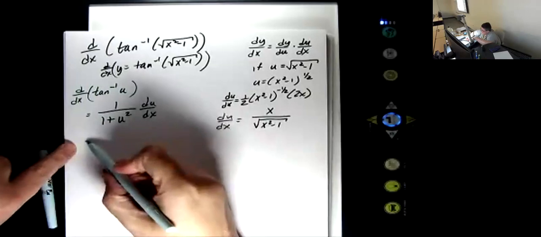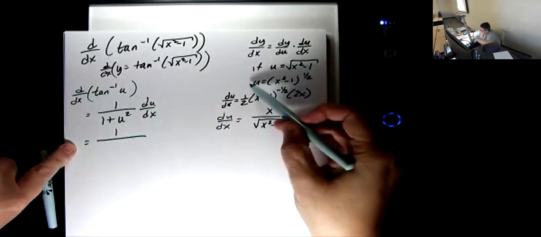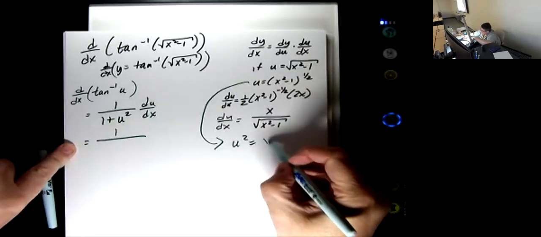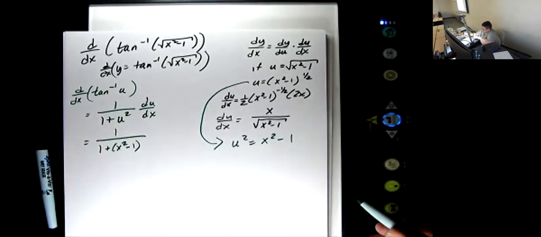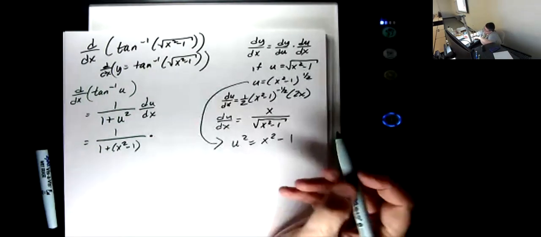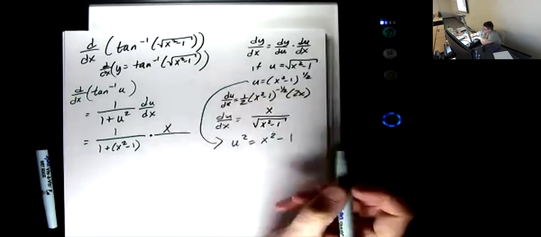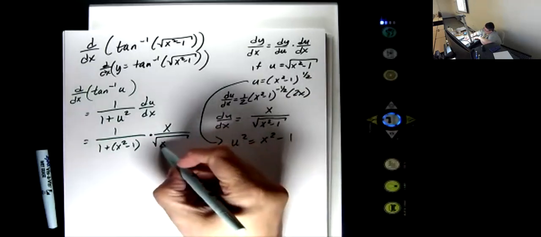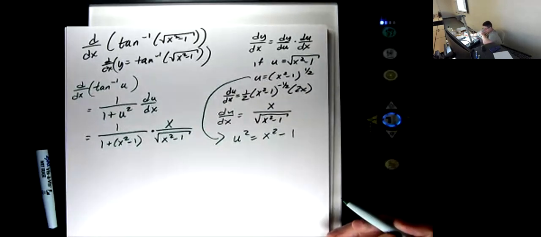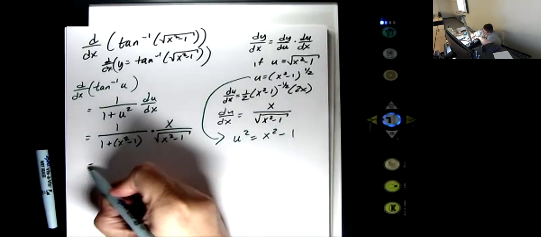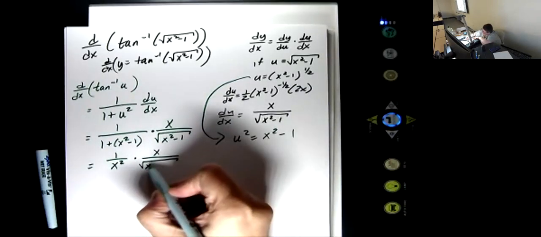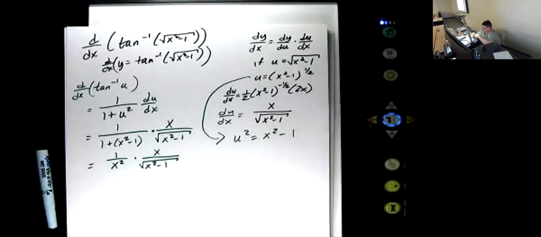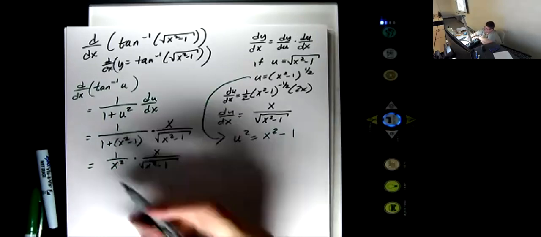So I'm going to start plugging stuff in. I've got u squared, so if I square u here, u squared is just x squared minus 1. So I've got 1 over 1 plus x squared minus 1, times x over, I missed the 2's canceled, yeah, so the square root of x squared minus 1. This actually cleans up a little bit more, because that's just 1 over x squared. Finally, we can merge those.